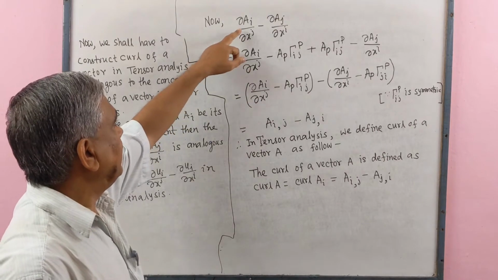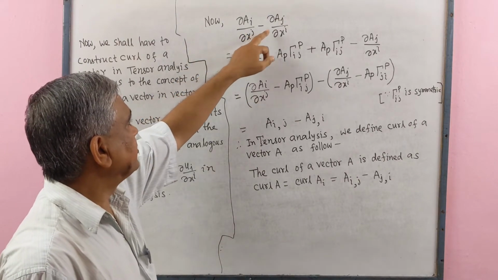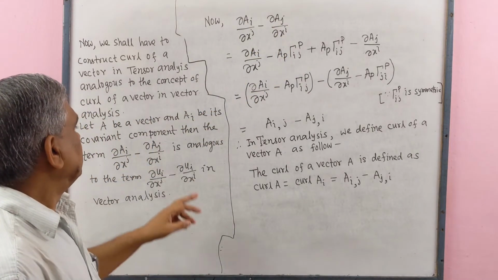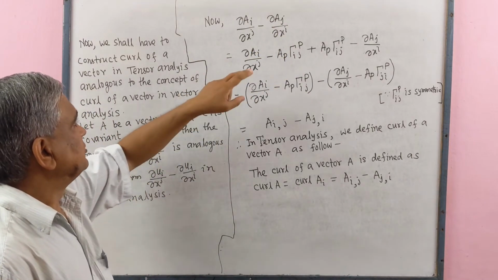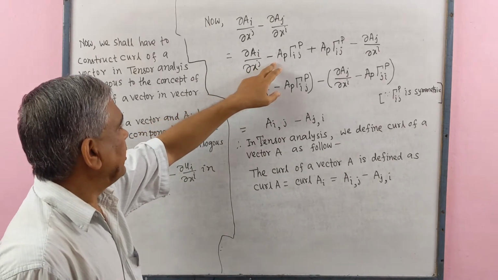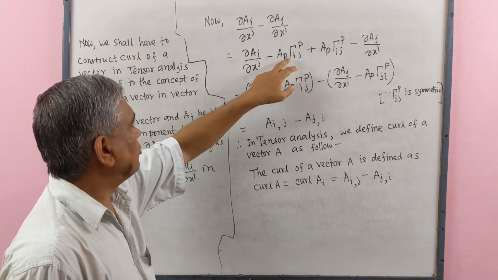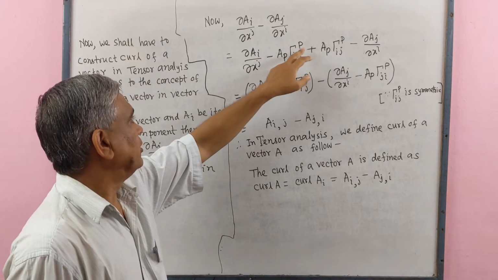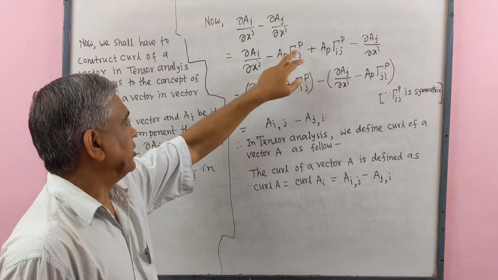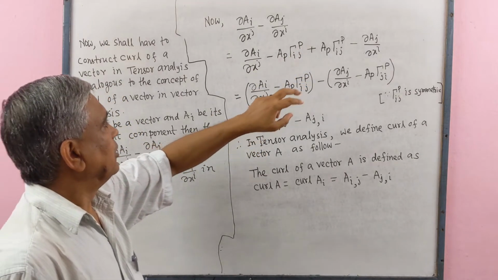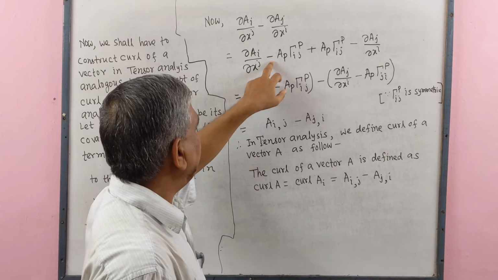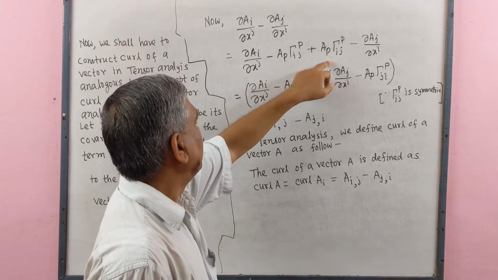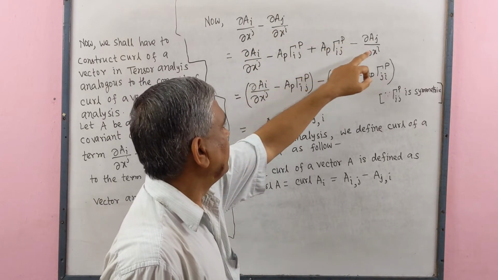Now del Ai by del xj minus del Aj by del xi equals, we subtract minus Ap Christoffel symbol of second kind {p, ij}. Here we have given minus, so here we give plus, the same thing, and this is minus del Aj by del xi.